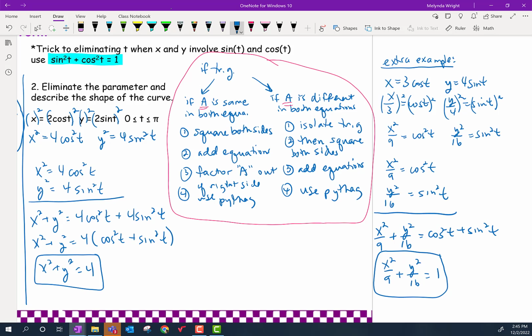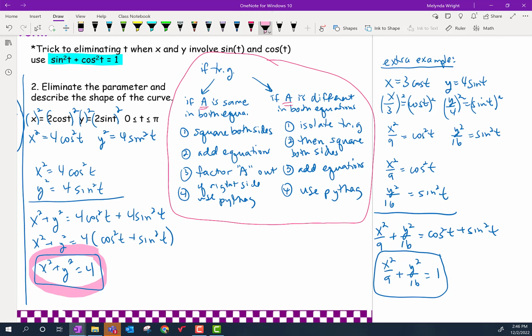Now let's talk about the shape of the curve. I am hoping, perhaps from geometry or from some of our previous work, we will remember what this creates. What does that create? Do we remember? That is a circle. X squared plus y squared equals a number is a circle.